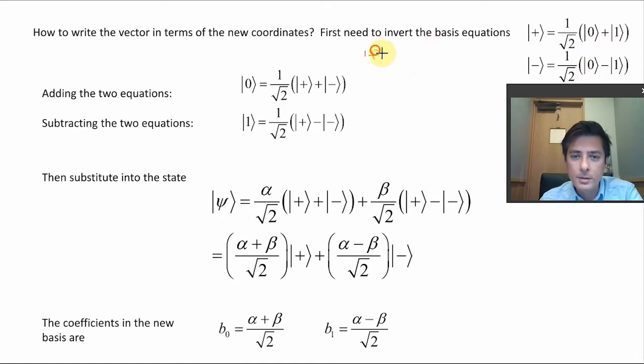We've got this 1 over square root of 2 factor here.